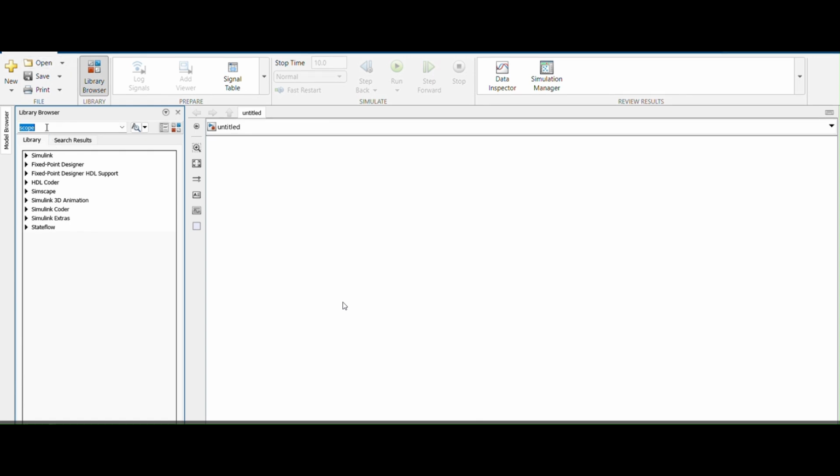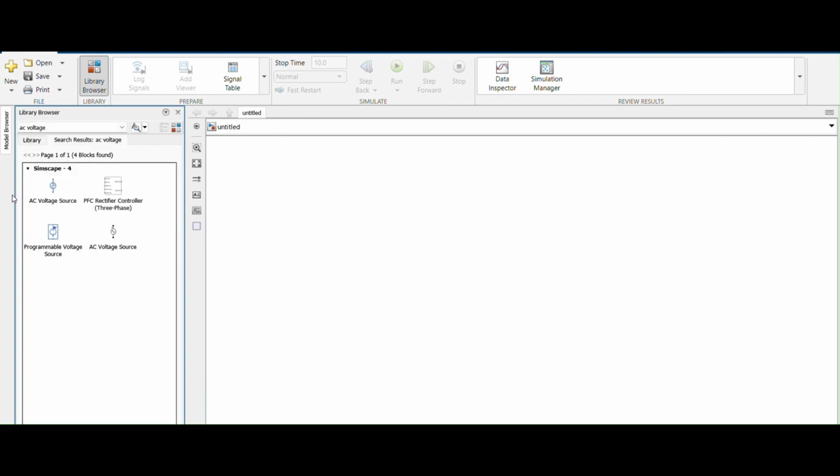Now coming to MATLAB, the first equipment we are going to take is the AC voltage source. As we know, we have to take the blue one because the black one is used for power electronics. Now the next equipment will be the voltage sensor.